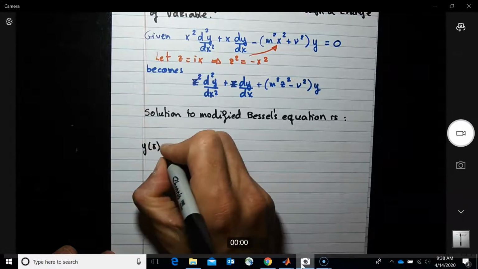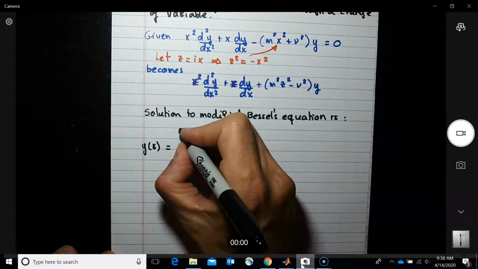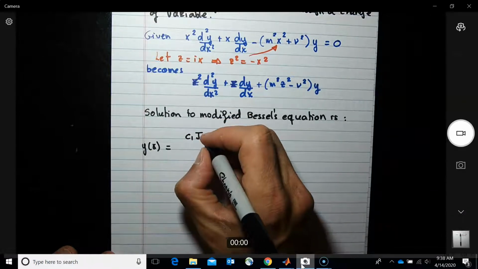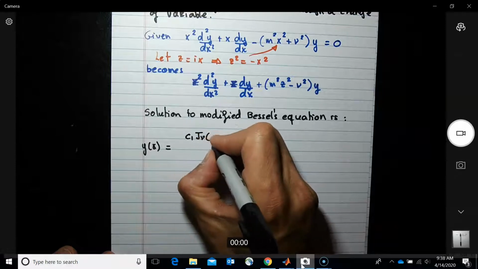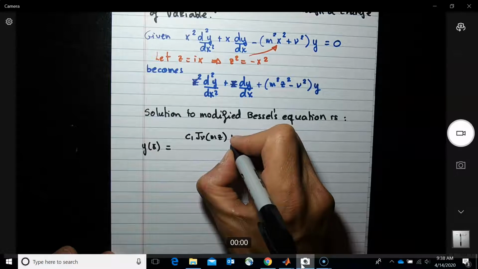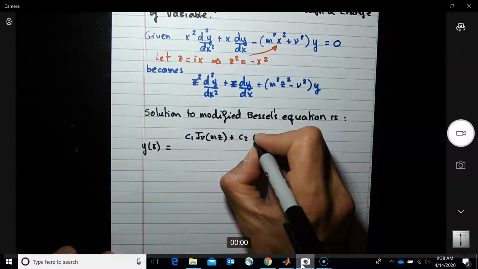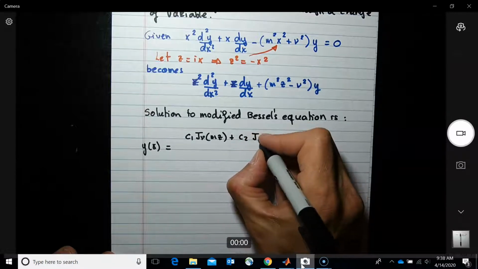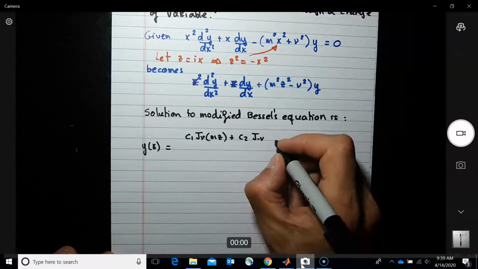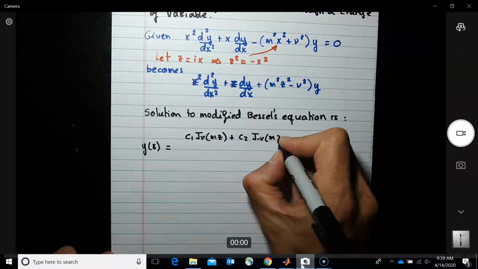So y of x will be equal to c1 Bessel function of the first kind of order mu of mz plus c2 Bessel function of the first kind of order minus mu of mz.